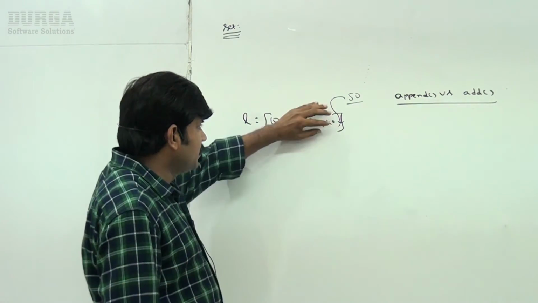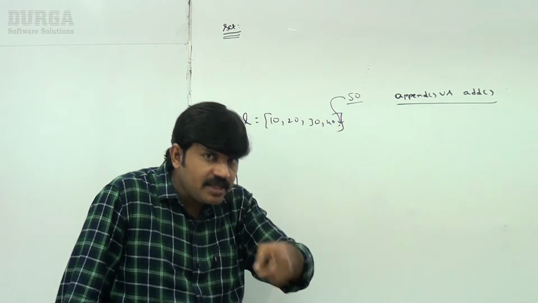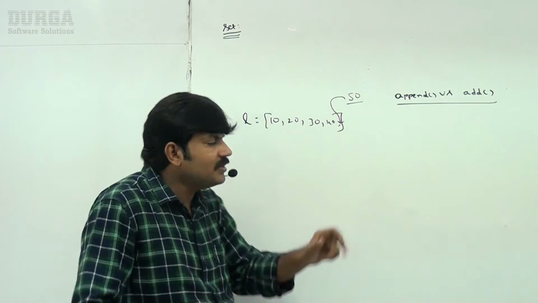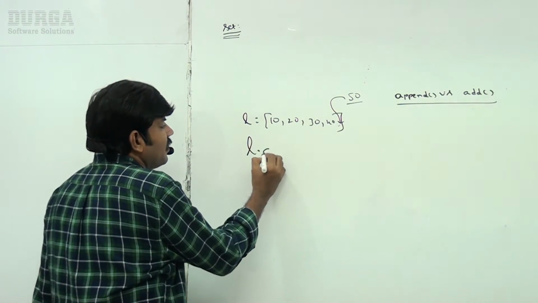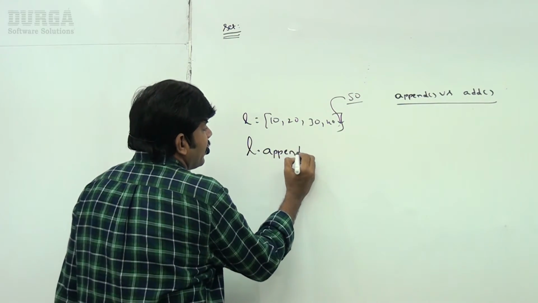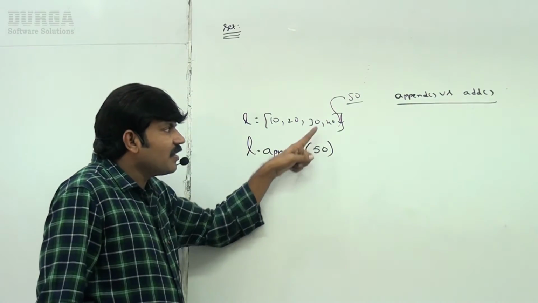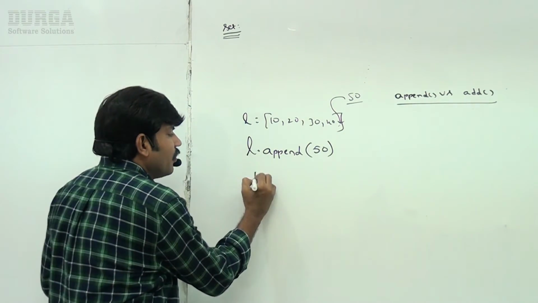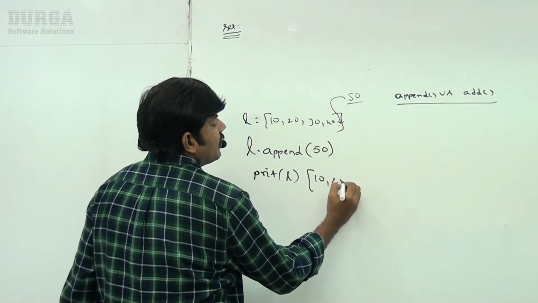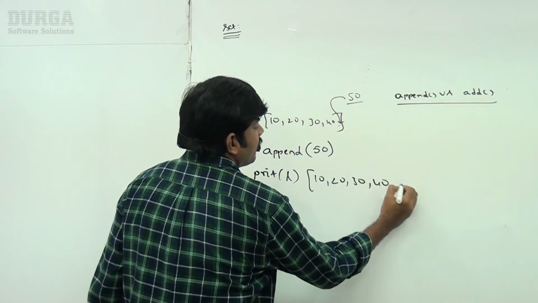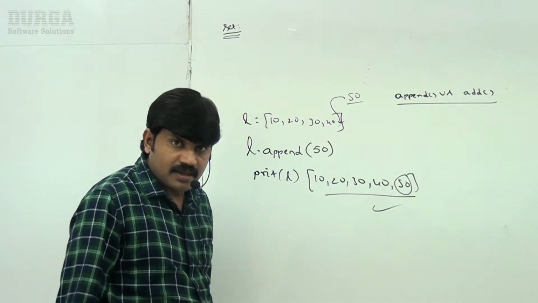Appending means existing plus new content. So there is a guarantee 50 is always going to be added at last. That's why for the list, the append method is available. Print of L: there is a guarantee the output is always 10, 20, 30, 40, 50, sir. Are you getting it? 50 is always going to be added at last.